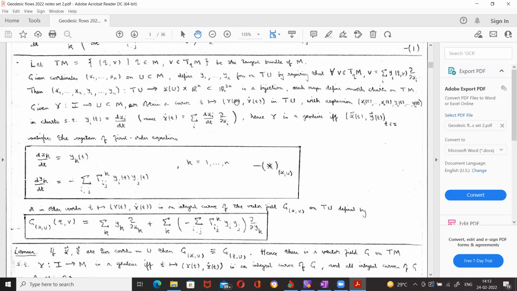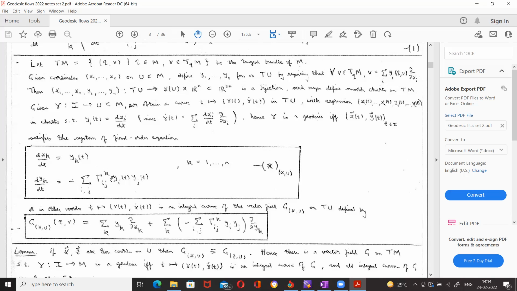We saw that gamma was a geodesic if and only if this curve in the tangent bundle, where we have 2n coordinates, x1 to xn and y1 to yn, and these y1 to yn are nothing but dx1 to dxn, the natural coordinates on the tangent bundle, satisfies a system of first order equations. Okay.